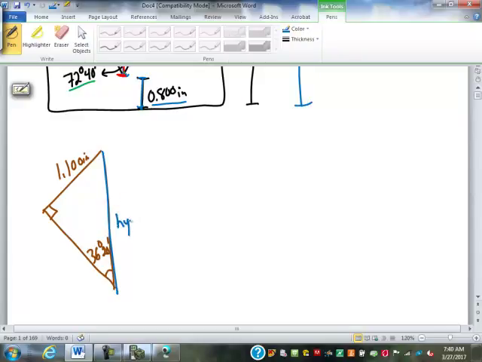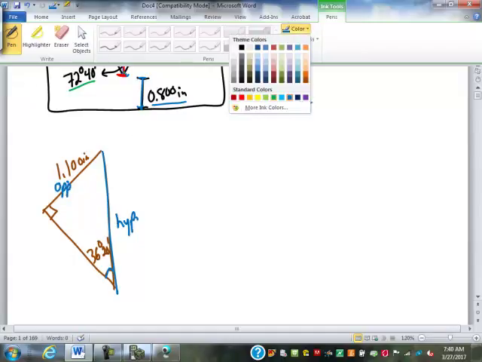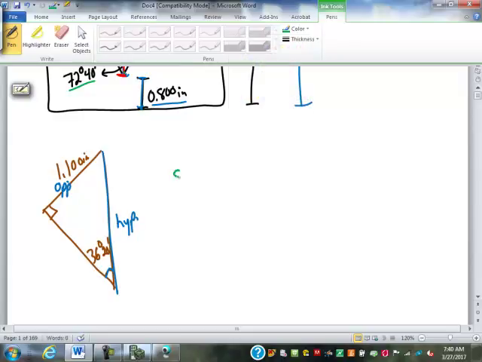This is the hypotenuse. And according to the 36 degrees 20 minutes angle, the 1.1 would be the opposite or adjacent? Opposite. So opposite and hypotenuse make what trig function? Sine. So we read out our definition, sine of theta equals opposite over hypotenuse.